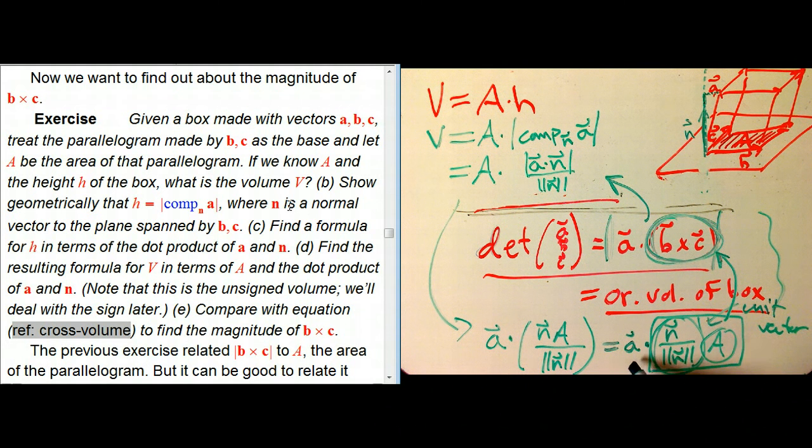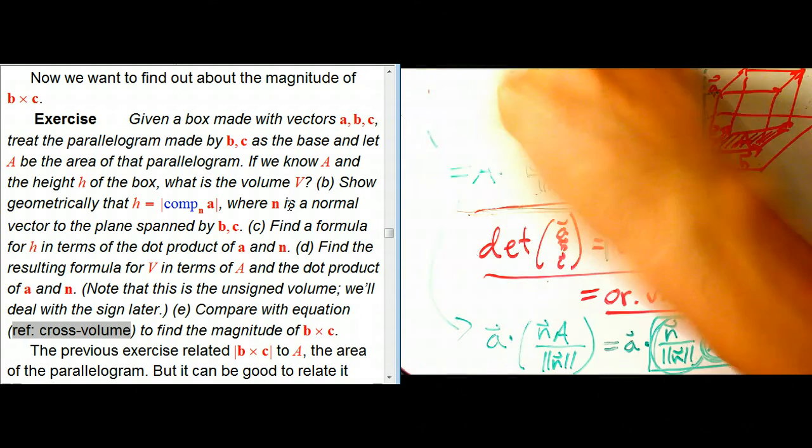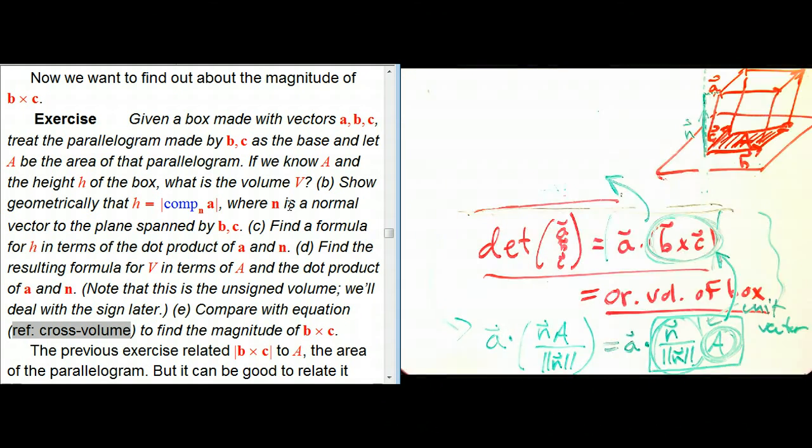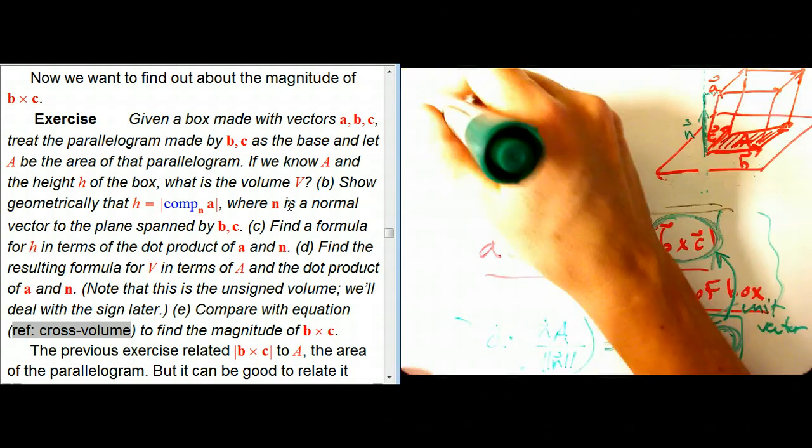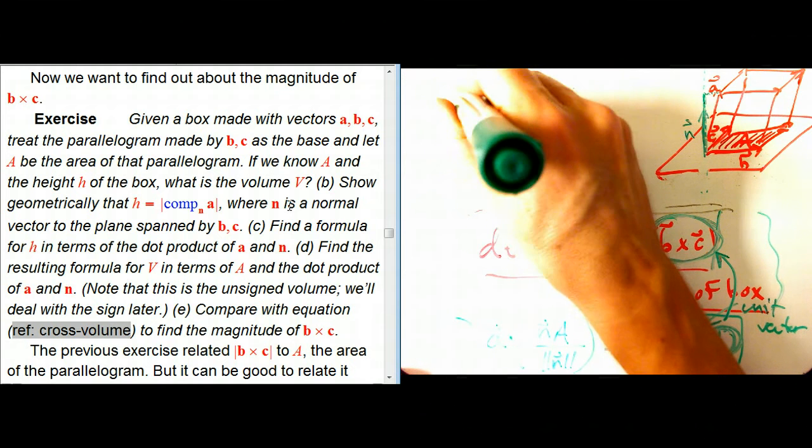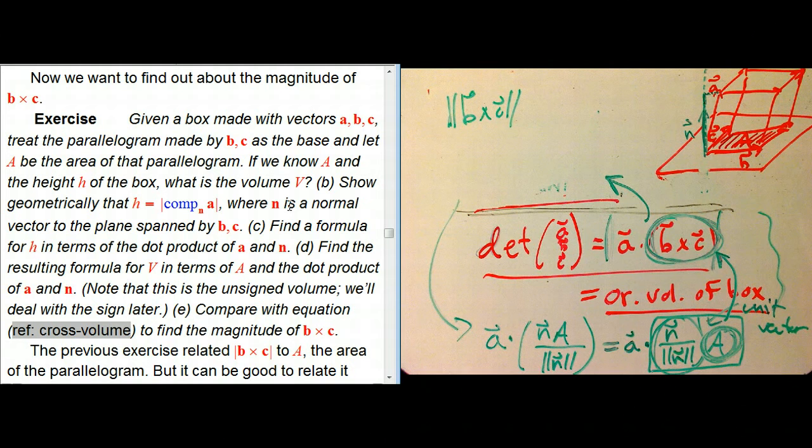Well, the only way that's going to work is if B cross C is, as we know, a vector perpendicular to the plane spanned by B and C, with magnitude equal to the magnitude of this, which is exactly A. So what's the upshot of that? A little bit of a complicated chain of reasoning. But the upshot is that the magnitude of B cross C, we know it's in the same direction as this. This says it's normal to the plane.